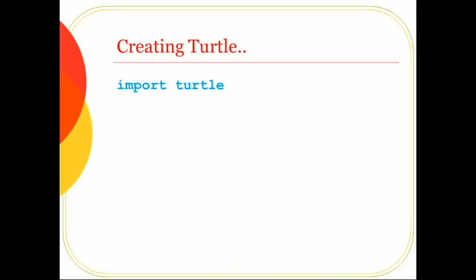You will use this object in the future in the code. Let's call the turtle object canvas. After canvas, you will put an equal sign and then you will write turtle.Turtle. Don't forget that this Turtle should start with a capital letter.